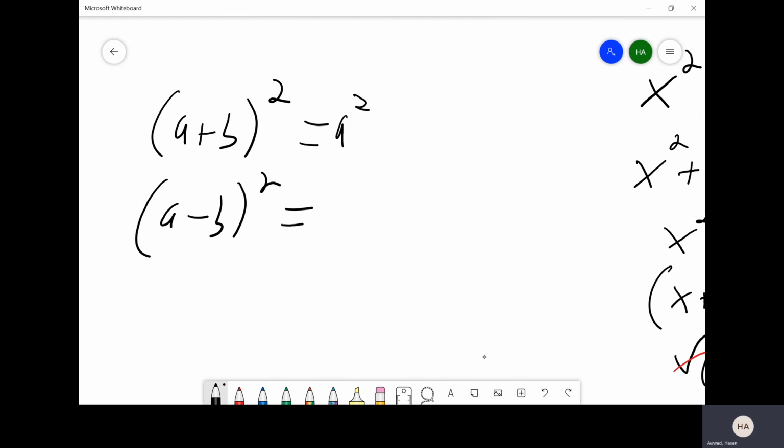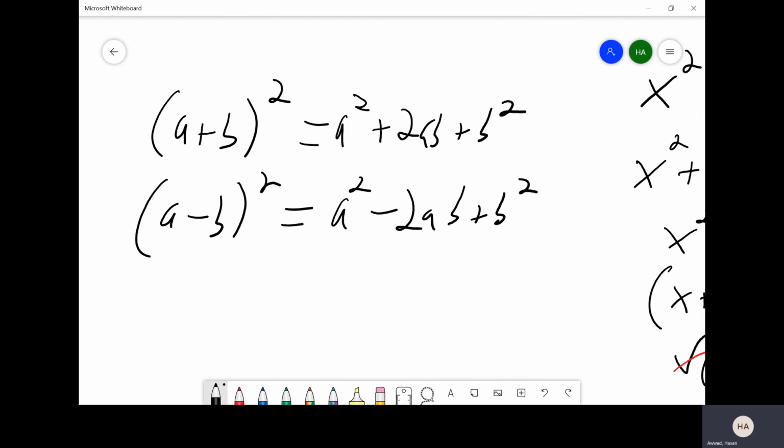So for this one, we get a squared plus 2ab plus b squared. Again, the plus is because we have a plus in our parentheses before we expanded. And over here, we have a squared minus 2ab plus b squared. Once again, the negative is coming out of the negative that we have between a minus b in that parentheses there, okay? So it's the same sign dependent on what situation you have.